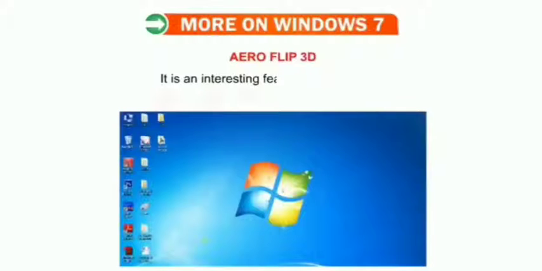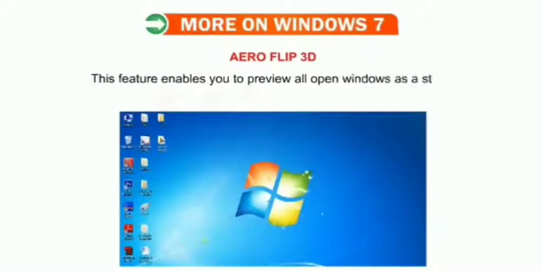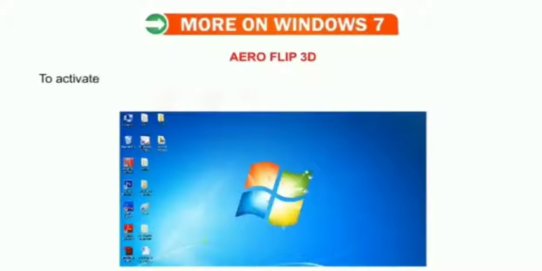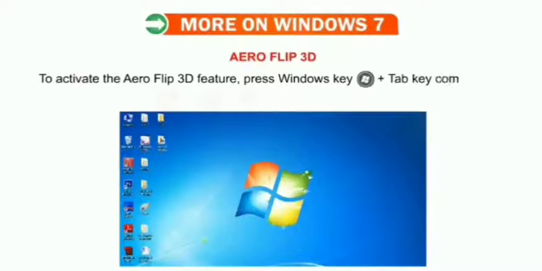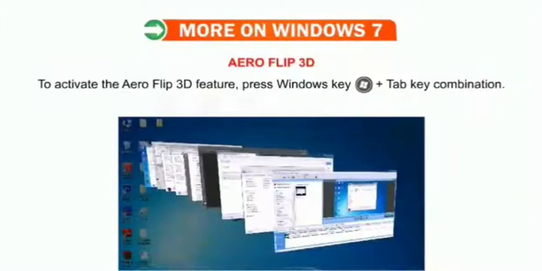Aero Flip 3D. It is an interesting feature of Windows 7. This feature enables you to preview all open windows as a stack. To activate the Aero Flip 3D feature, press the Windows key plus Tab key combination. This feature allows us to view all our open windows as a stack overlapping one another.